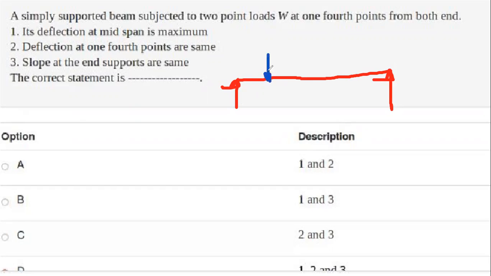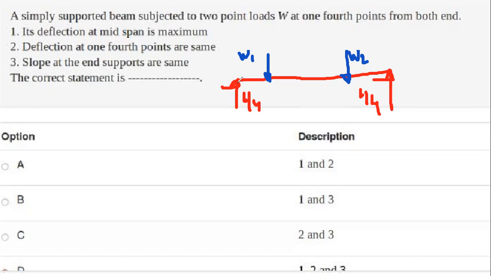We will consider this point load number 1 and this point load number 2, or you can say W1, W2. The location of these 2 point loads is 1/4 from the ends, meaning this will be L by 4 and this will be L by 4.